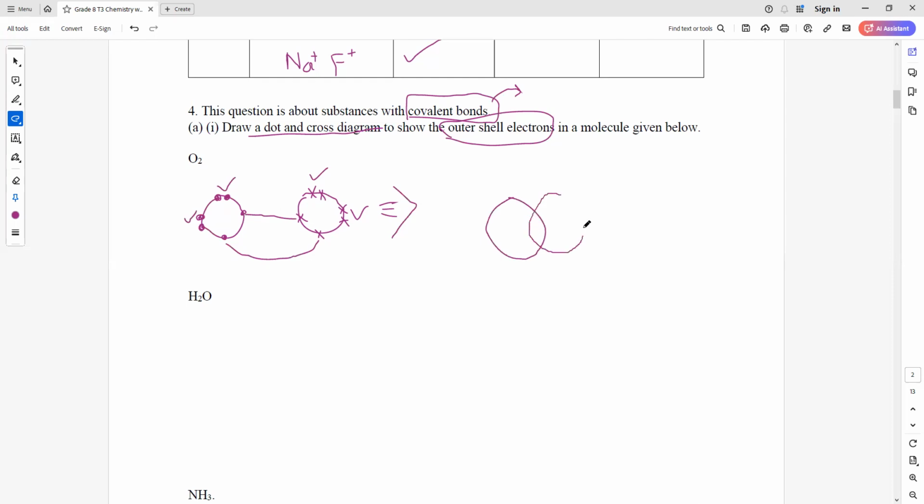They have shared these 2 electrons, how? 1 dot and 1 cross. So they will form a double bond, and these lone pairs are there. So this is the dot cross diagram, and here this and this we have to separately draw like this.